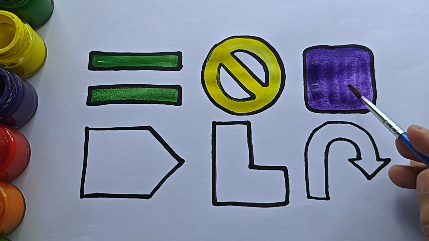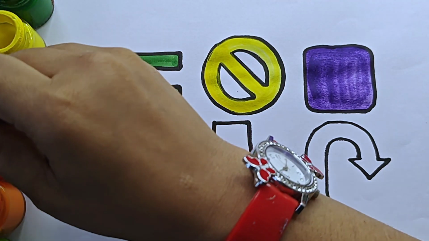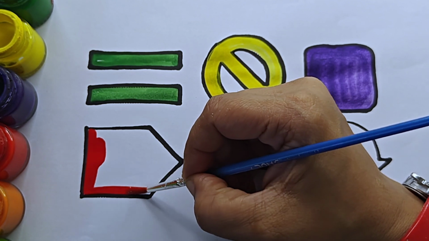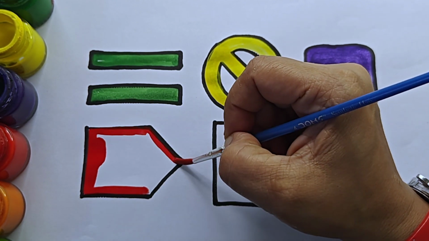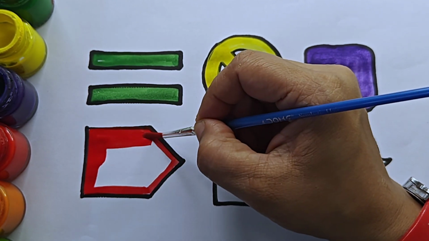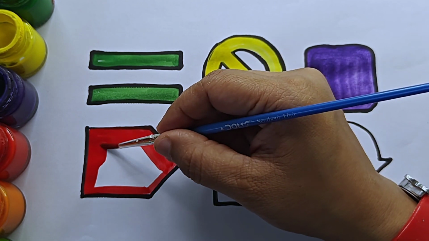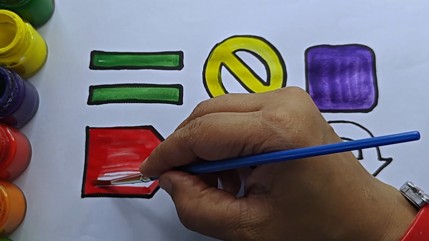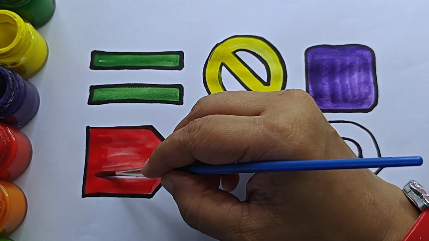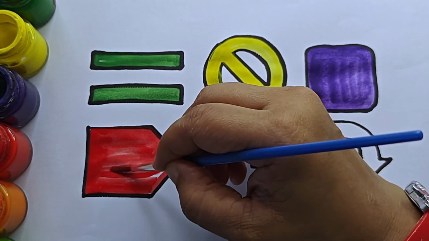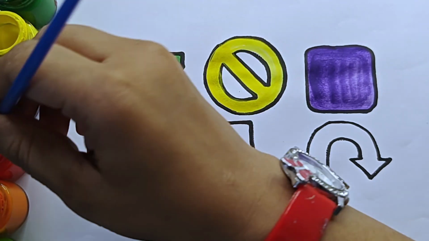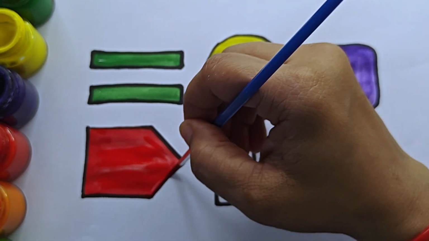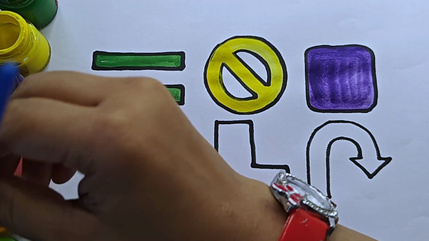It is rounded square. Red color. It is pentagon.